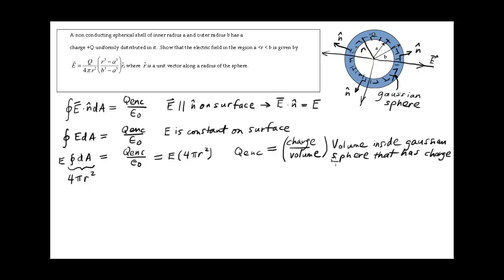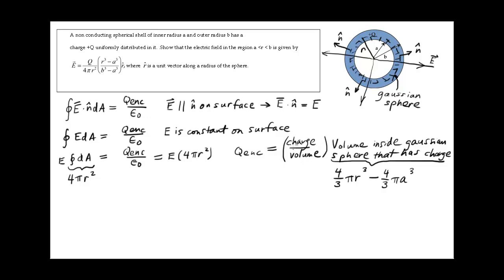So this term right here is 4/3 pi r cubed, which is the volume of the Gaussian sphere itself, including the central region, but then we want to subtract off 4/3 pi a cubed, because that is the volume of the region that has no charge in it. And the difference between those two is the shaded volume, within which there is charge, that's inside the Gaussian sphere.